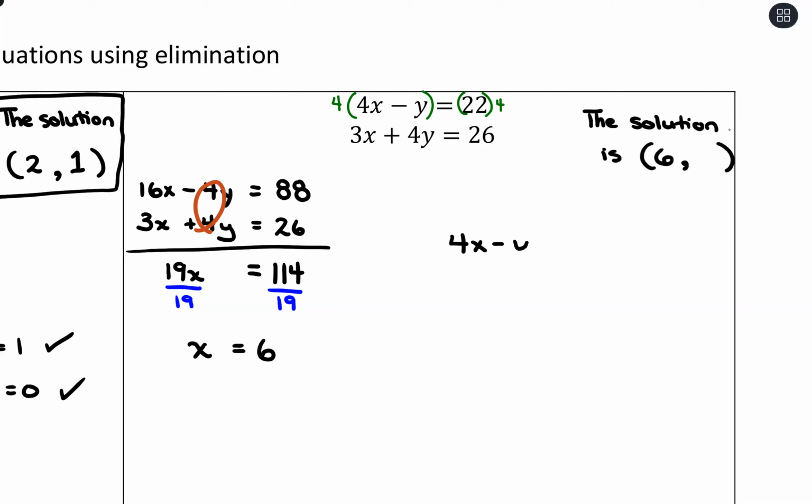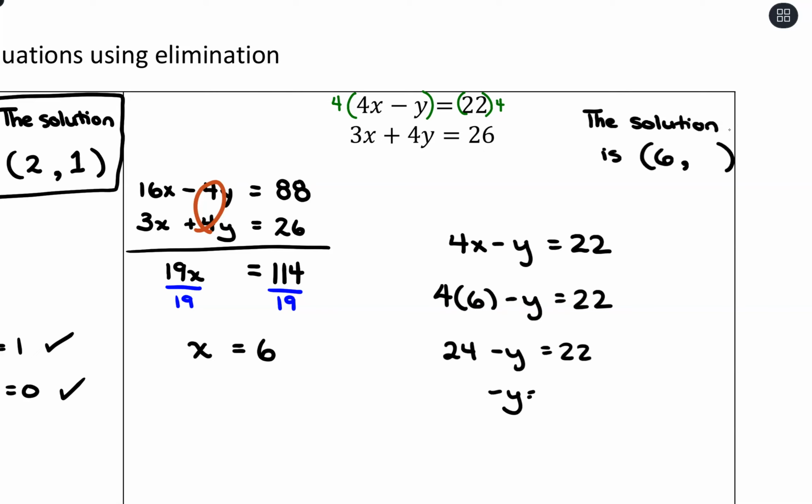So let's go with the 4x minus y equals 22, but now we're going to plug in x equals 6. So we have 24 minus y equals 22. Subtract 24 from both sides for negative 2. Make things positive, so y equals positive 2.